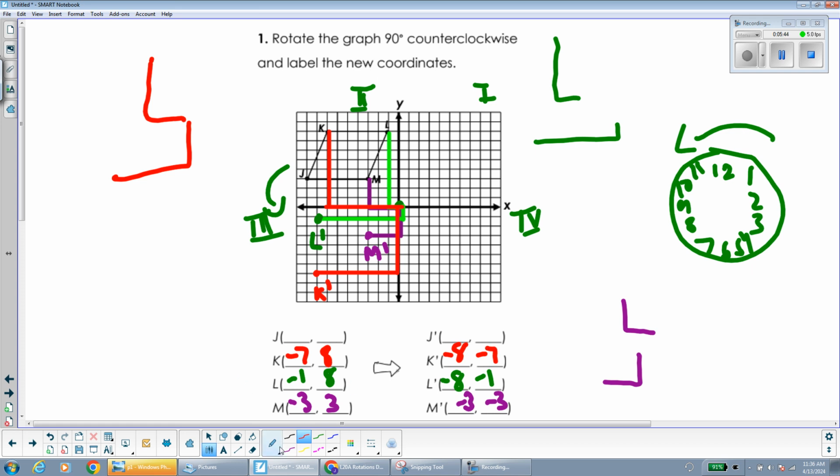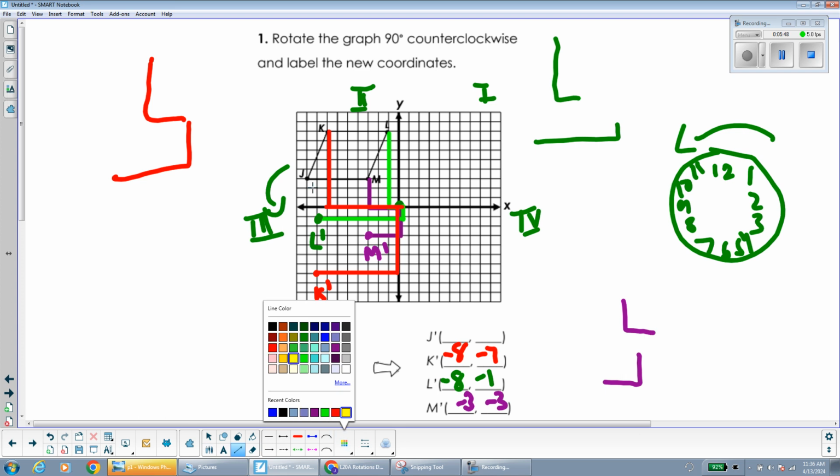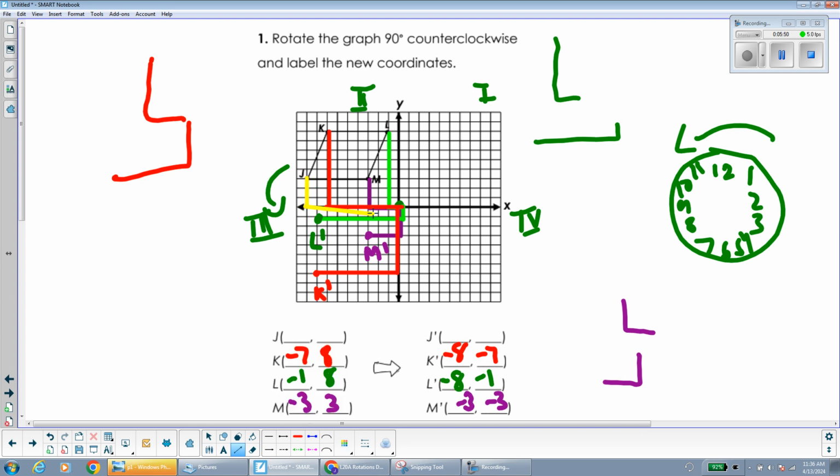And finally, all we have left to do is point J. That L looks like this. So if we rotate it 90 degrees counterclockwise, it's going to look like this.